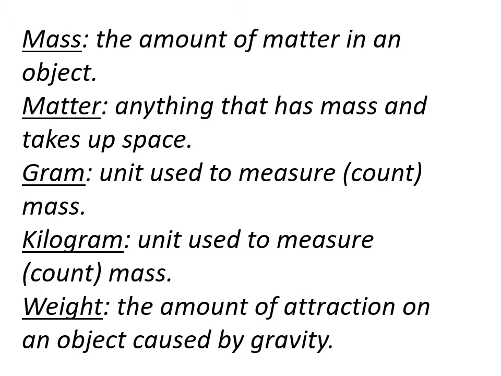For example, liquids, solids, and gases. A gram is a unit used to measure, in other words, count mass. A kilogram is also a unit used to measure or count mass. There are 1,000 grams in a kilogram.